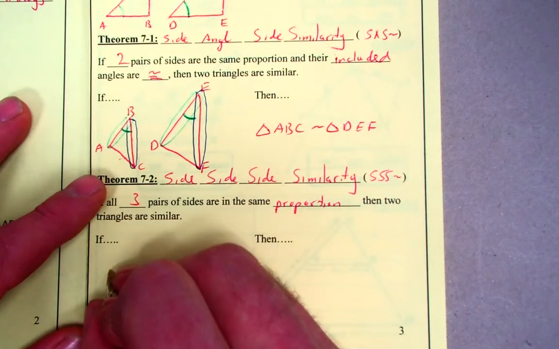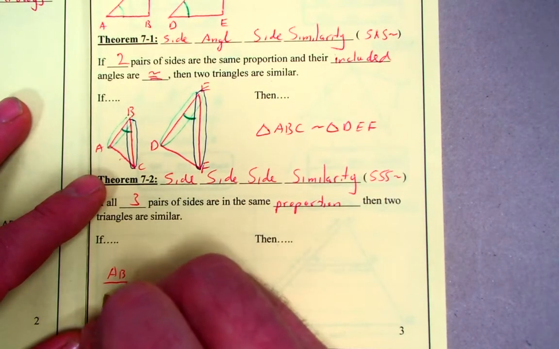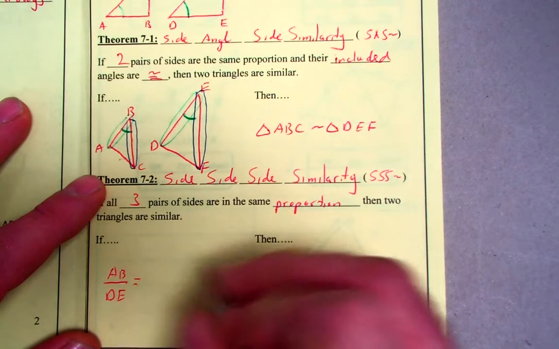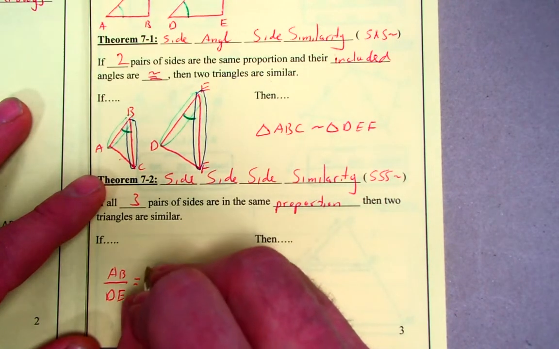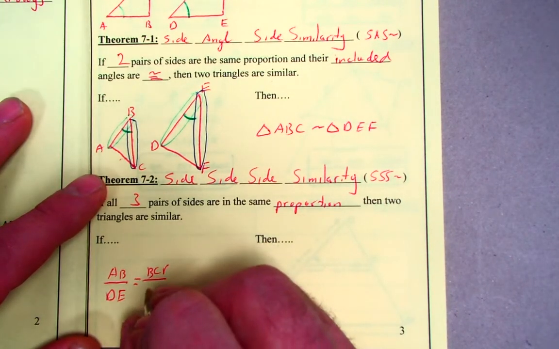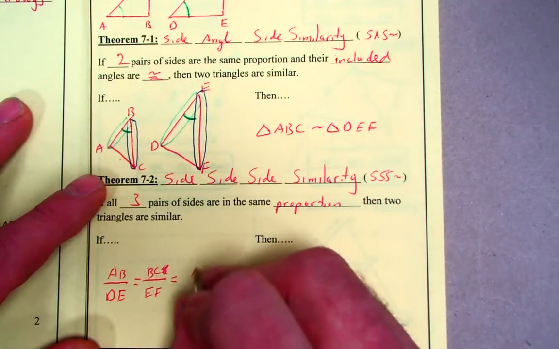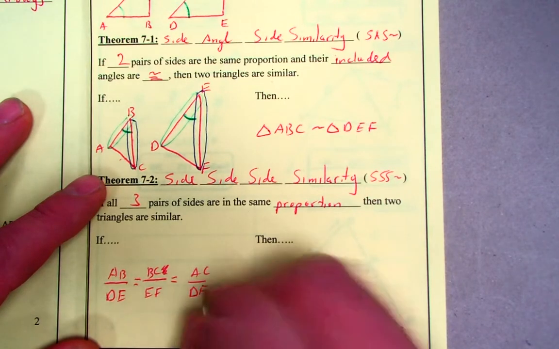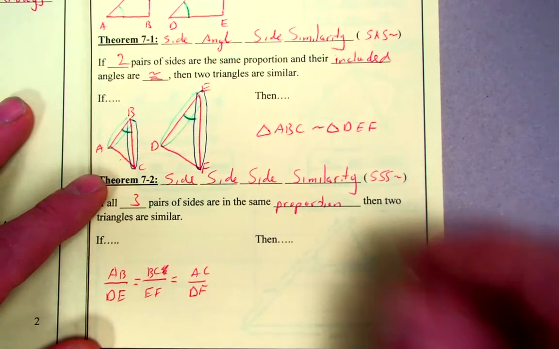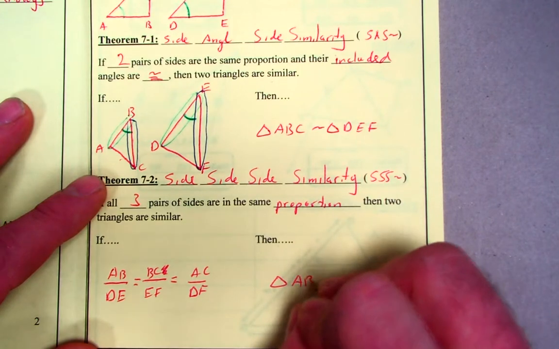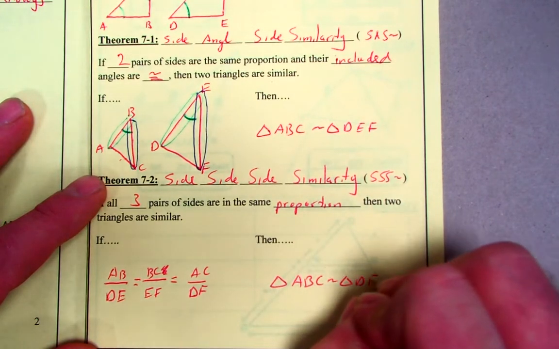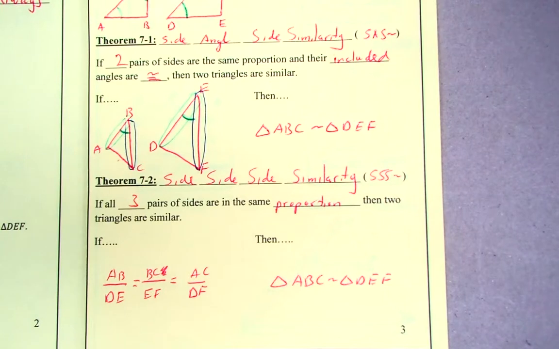So the idea is if AB to DE, that ratio is equal to BC to EF, and AC is equal to DF. So if the ratio of all three sides are in proportion, then we know the two triangles are similar. All right, let's go to the next page, see a few examples.